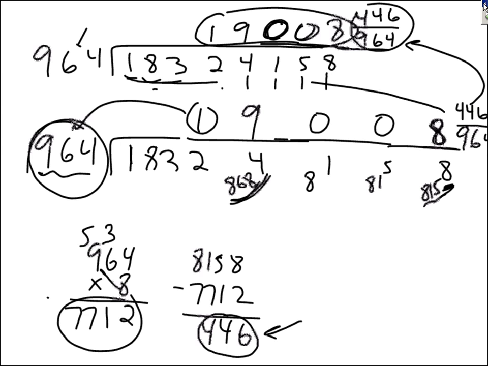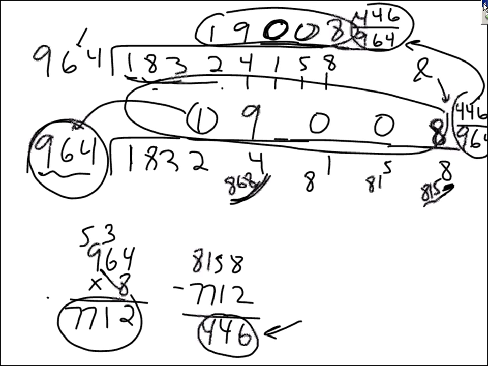When you have a whole number and a fraction, right in there, you get to say and. 19,008 and 446 over 964. Sometimes it doesn't pay to do long division.